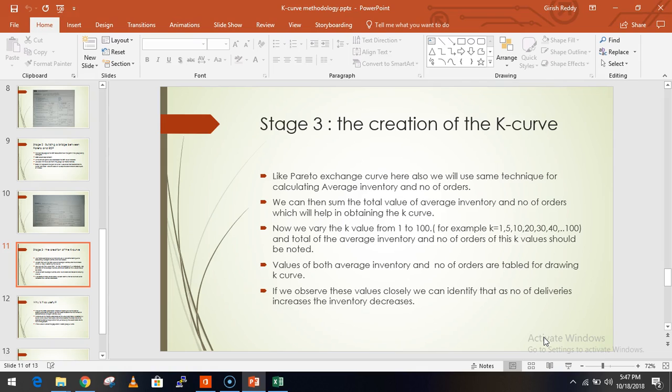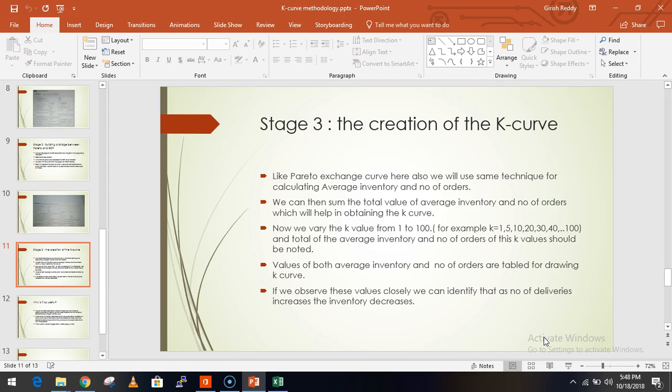Stage 3 is about the creation of the K curve. This is the final stage of generating a K curve. Like the Pareto exchange curve, here also we use the same techniques for calculating the average inventory and number of orders. We can then sum the total of average inventory and number of orders, which will help in obtaining the K curve.